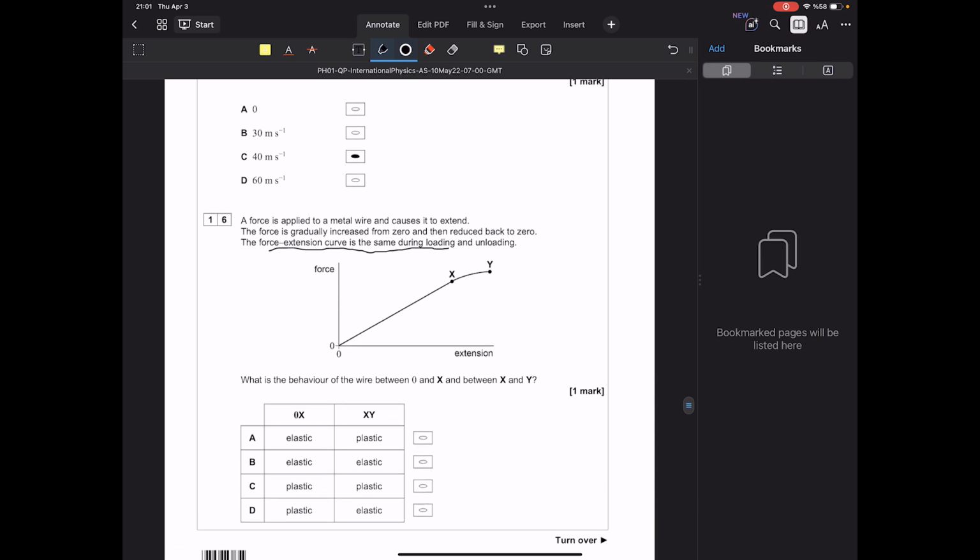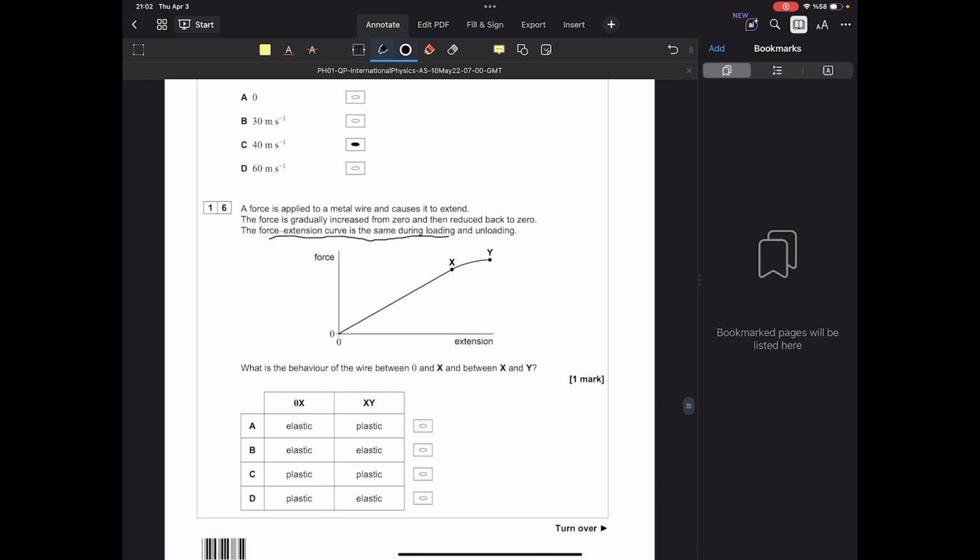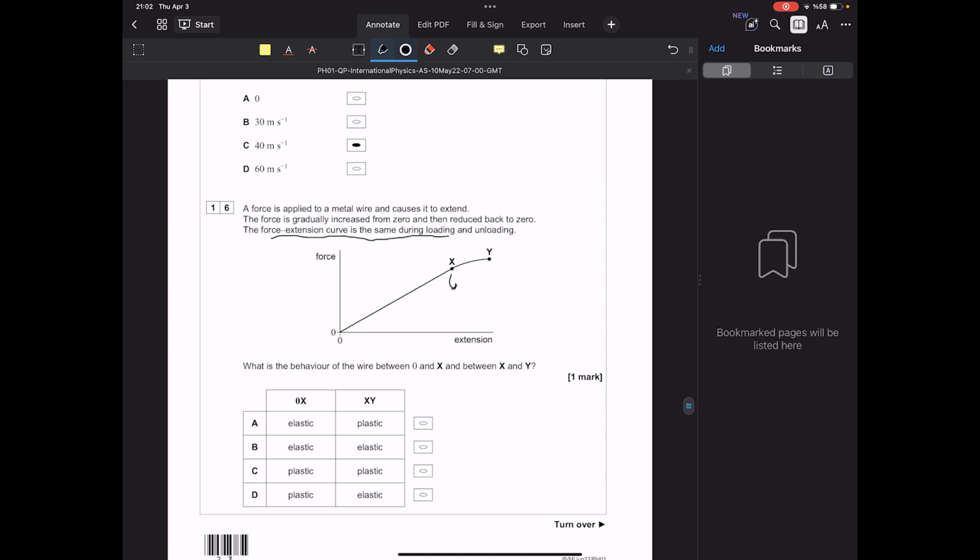So here's the thing. Here we can say that X is the limit of proportionality. We can't really comment anything on Y, but the important thing is that you need to remember the definitions of elastic and plastic. Remember, if the object can go back to its initial shape and size, it's elastic. And here, the force extension curve is the same during loading and unloading. This means at both X and Y, the object is elastic.